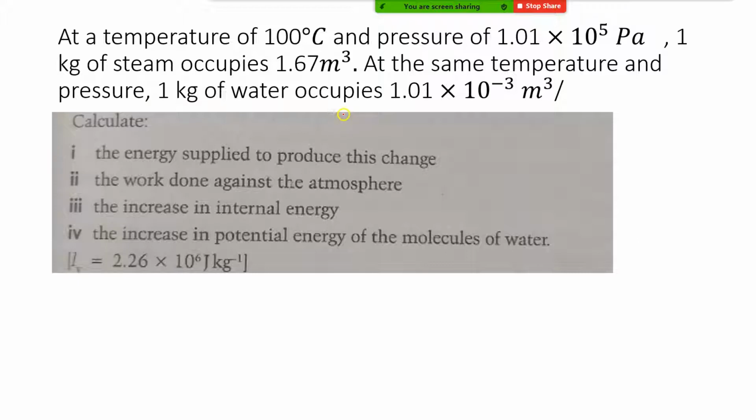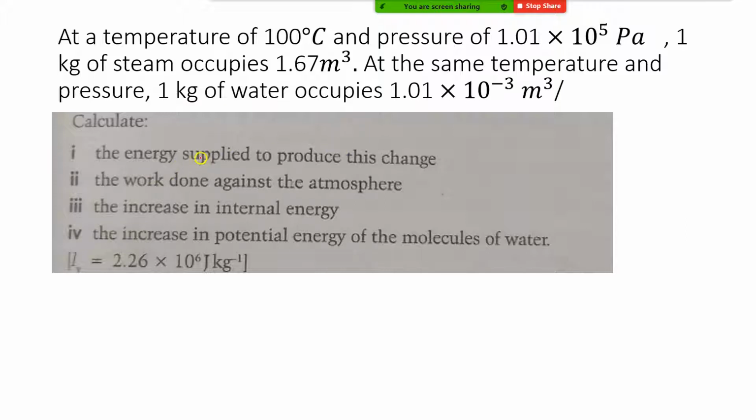Did I leave out some information? I think I did, right? Because what we have to understand is that we're basically converting water into steam. And we know that at 100 degrees, that's when you would possibly find steam, or that change of phase occurring.